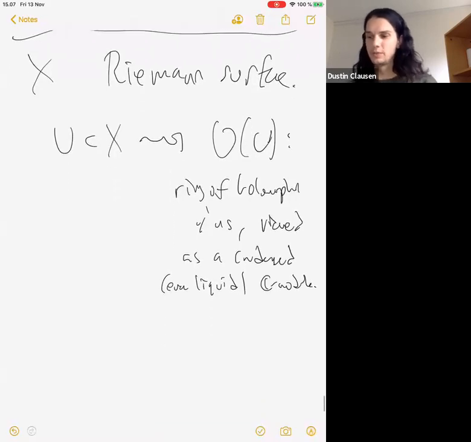That's one way of describing it. Actually, you can directly describe what it is as a condensed real vector space.